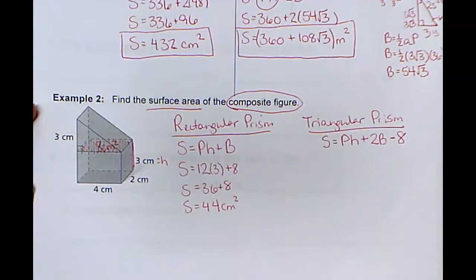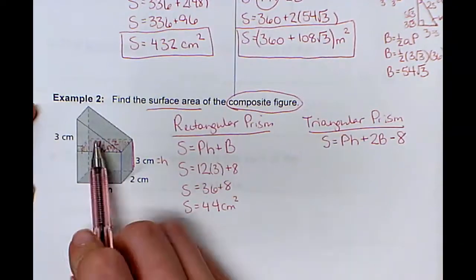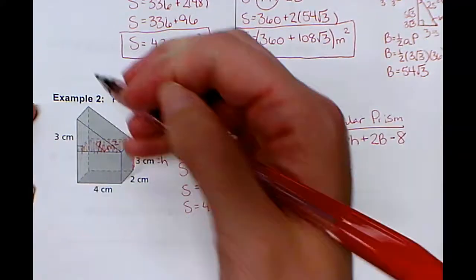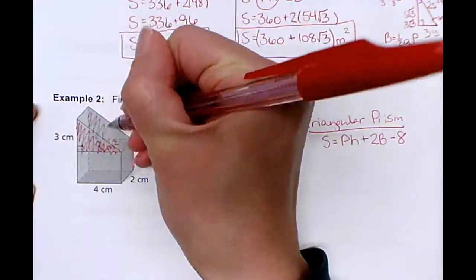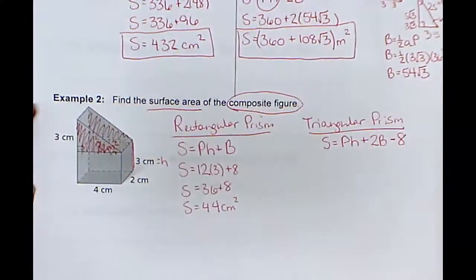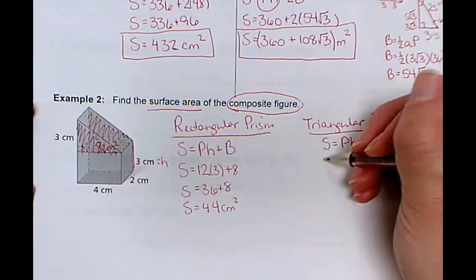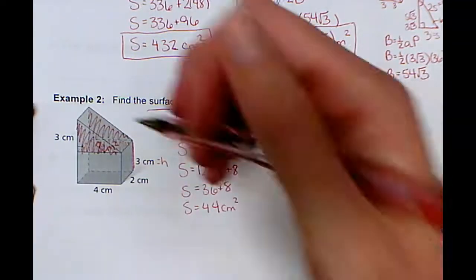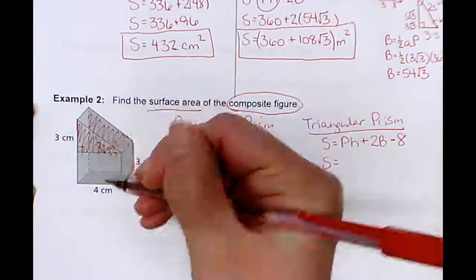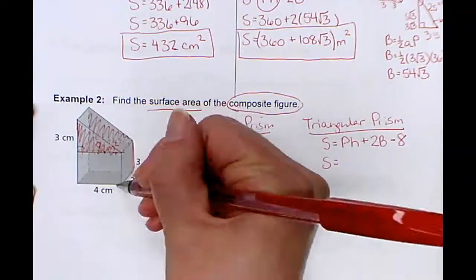Now also keep in mind that for this triangular prism, the base is not the bottom. The base is the sides. So these triangles are the bases. So when I find the perimeter of the base, this is 3 centimeters. This is 4 centimeters, just like down here.